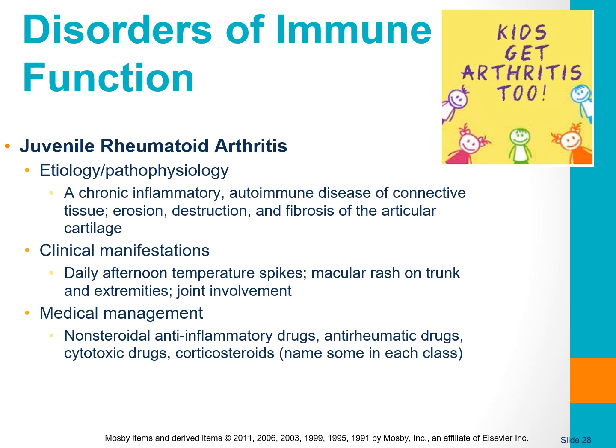It is a systemically manifested disease process. Typically, and oddly, it presents itself with afternoon spikes in temperature, macular rash on the trunk and extremities, and almost always involves joint pain.